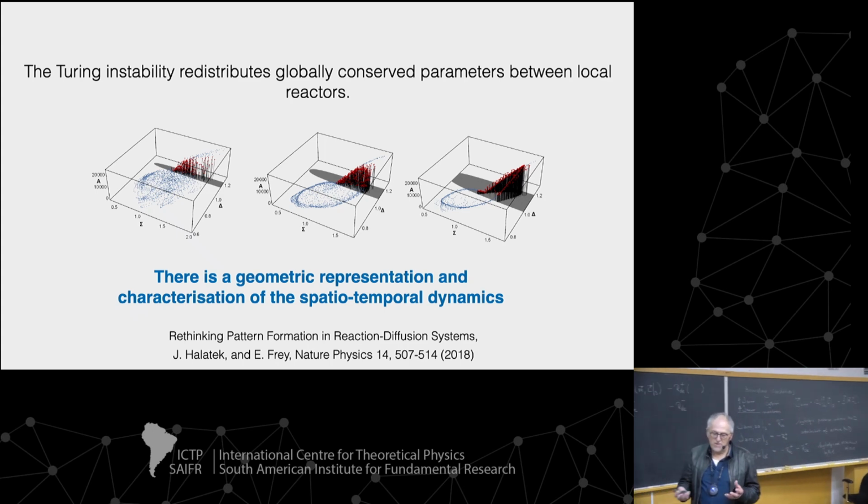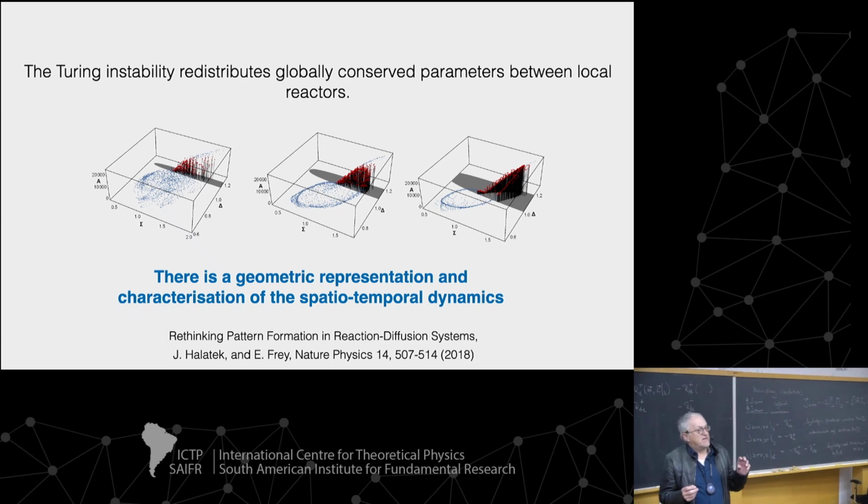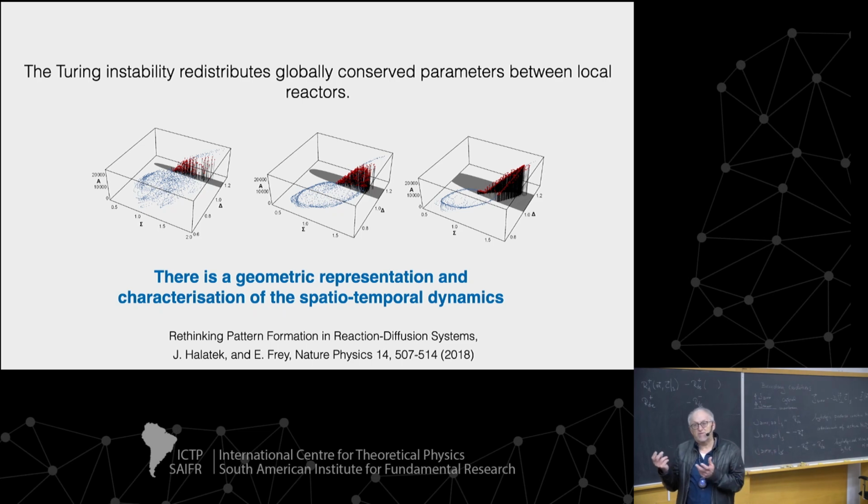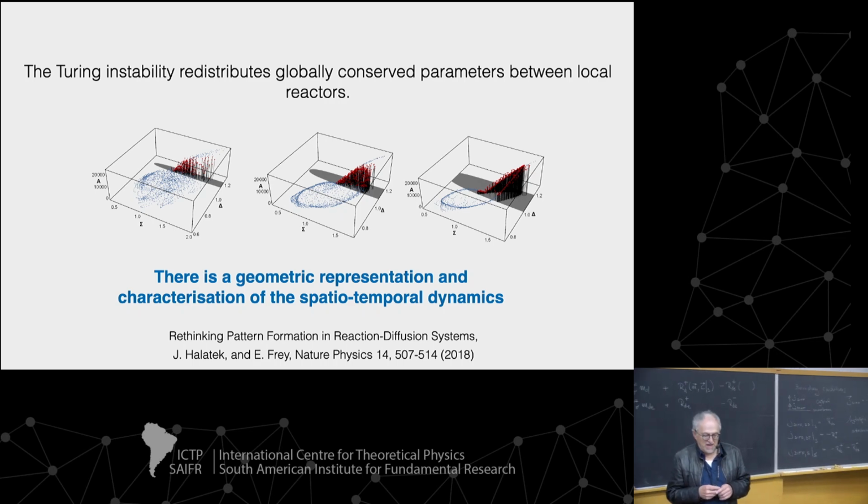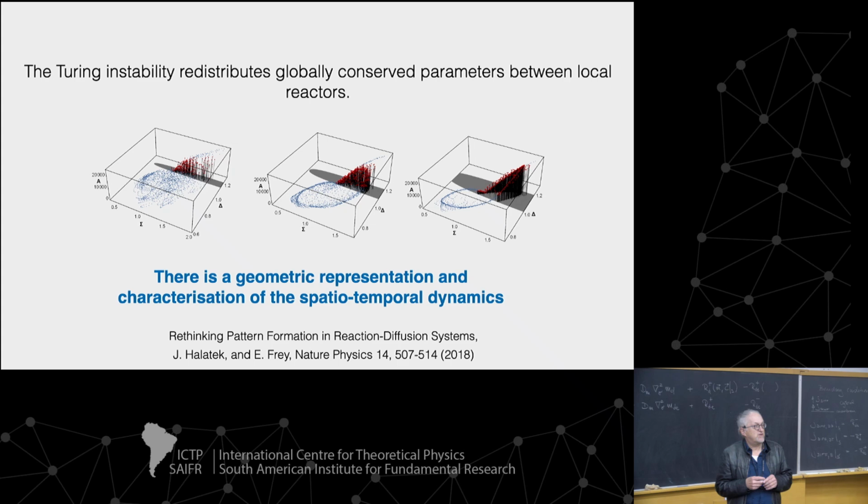And I feel, or we felt at this time, this is a nice way of putting the results of the system, because it's very much in the spirit of Poincaré, who said that you need to represent things in low-dimensional spaces in order to figure out what kind of attractor you have. And that's precisely what we did here. So I would say this is a geometric representation and characterization of the spatiotemporal dynamics.